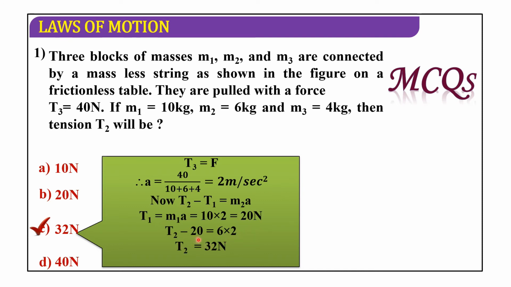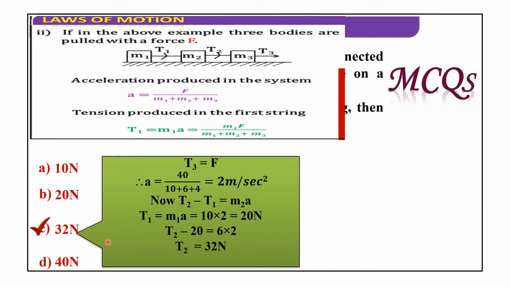Here minus 20 will go to this side as plus 20. 20 plus 12 is 32. So T2 is equal to 32 newtons. So the third option is correct. First we should calculate acceleration and then the tension produced in the string.